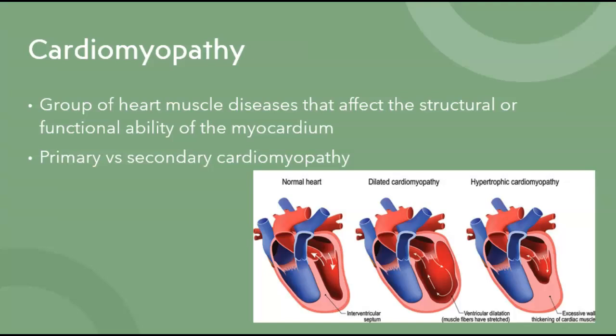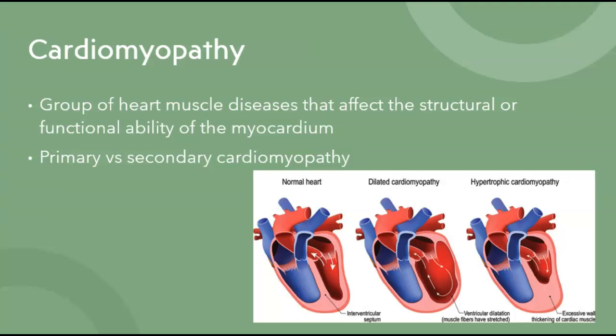Cardiomyopathy is a group of heart muscle diseases that are going to affect the structure or the function of the myocardium, of the heart muscle. So we've got primary cardiomyopathy and secondary cardiomyopathy. And then your primary cardiomyopathy is broken down even further.